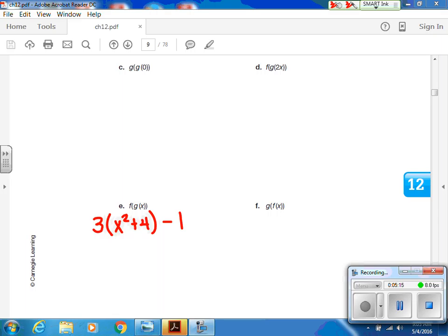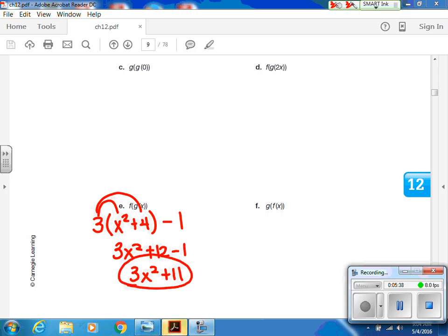That means 3x minus 1 times 3x minus 1. So you're going to have to do what? FOIL. Yes. Okay. But here you don't. This is just a distributive property. 3x squared plus 12 minus 1. 3x squared plus 11. There's that.